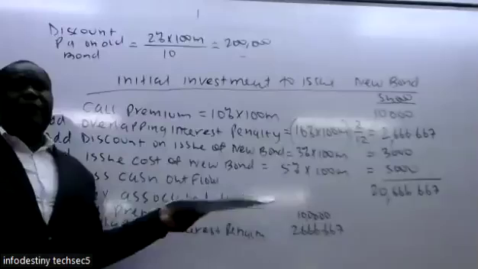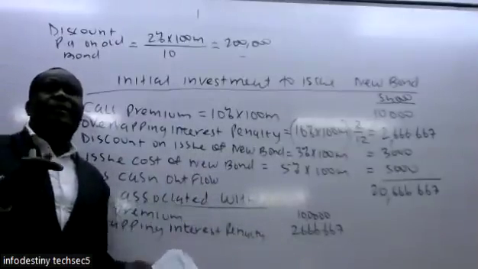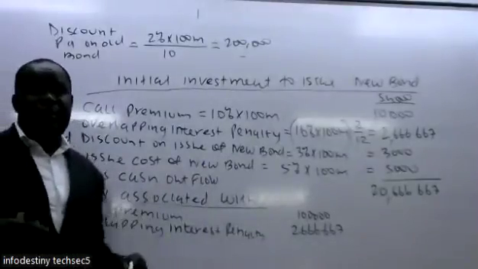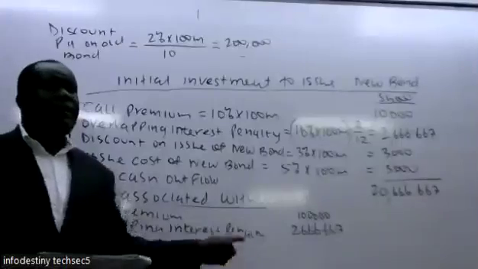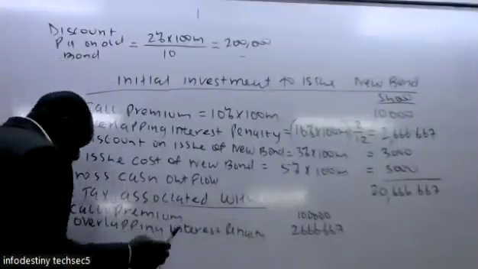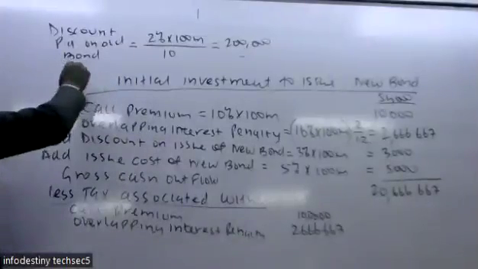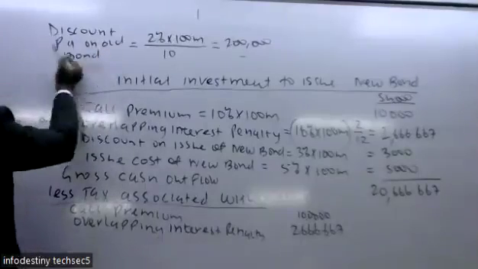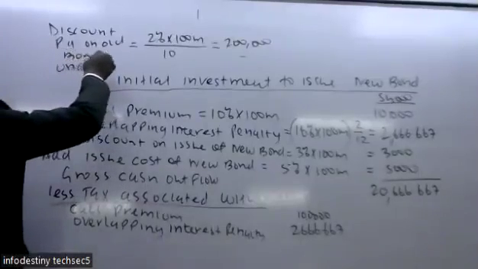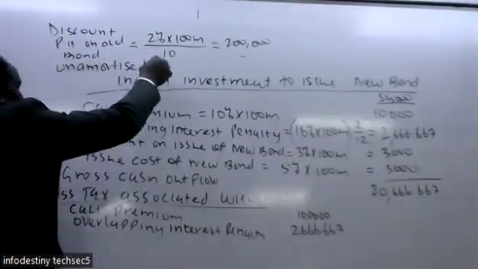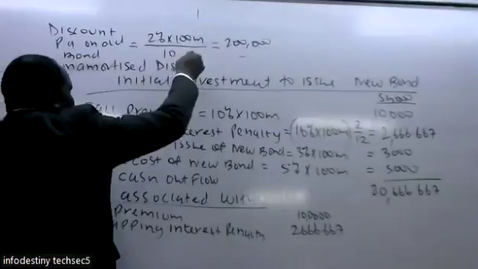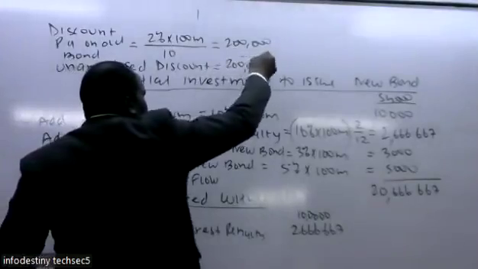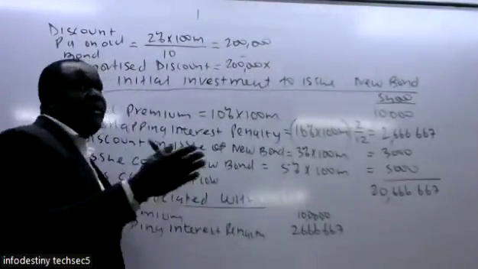But we want it for the remaining period. If it was there for the last 5 years, it means the tax for the last 5 years has been paid. We are looking for the remaining period that has not been paid, so that we factor it in. So to get the amortized discount on the one that has not been written off, per annum it is 200,000, but we multiply by the remaining period.